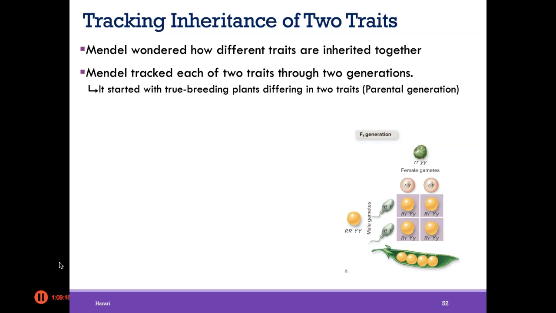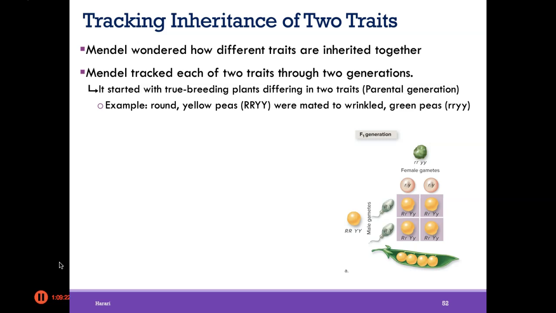So now we're not just looking at seed color or seed shape, we're looking at seed color and seed shape. So he took a female plant that was green and wrinkled, so it's little r, little r, little y, little y. And then he took a yellow and round male pea plant, right? Big R, big R, big Y, big Y.